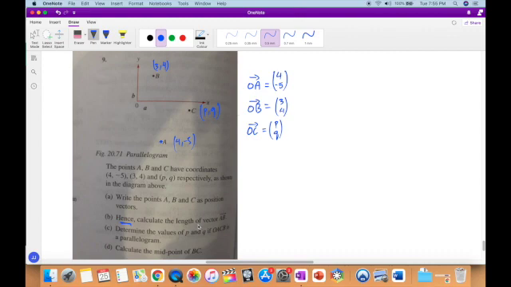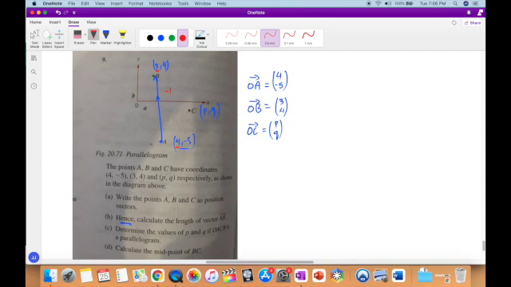Hence, calculate the length of the vector AB. Now the vector AB goes from A to B, right? And I don't need to use position vectors because I have the coordinates for A and B, so I can literally work it out. To go from A to B, let's look at the x's. I'm going from 4 to 3, so I'm going back 1. So the x value is going to be -1. And the y value?